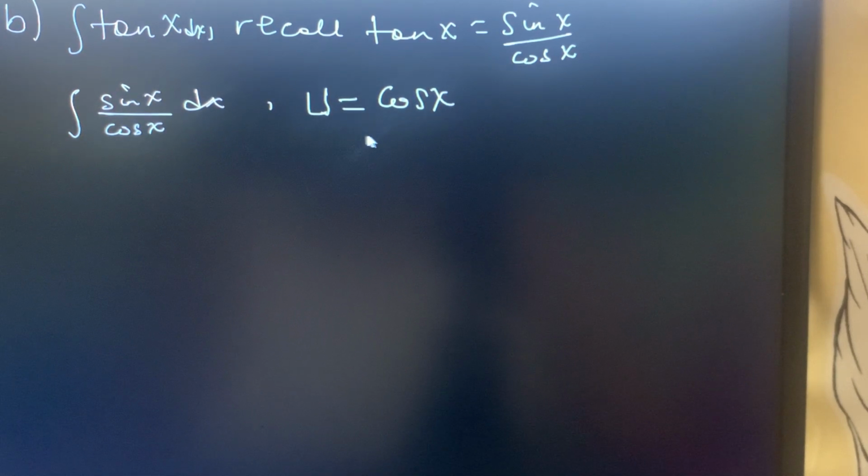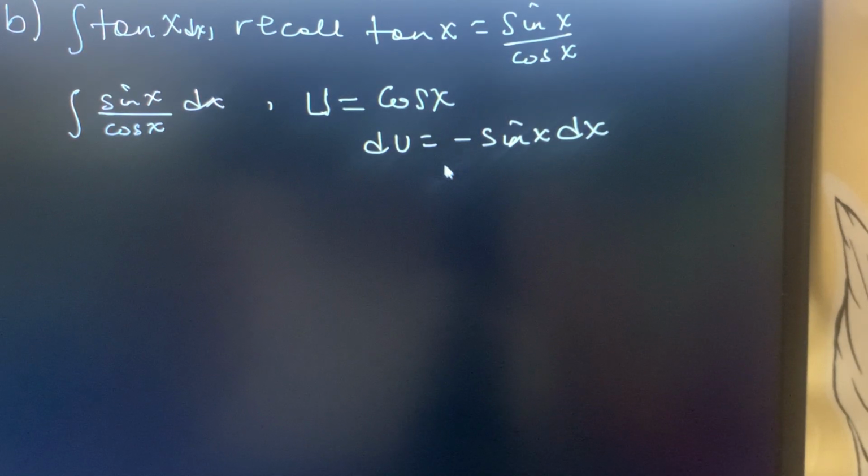What does this mean? If u is cos x, then the derivative of u is going to be minus sine x dx. So what is dx now?